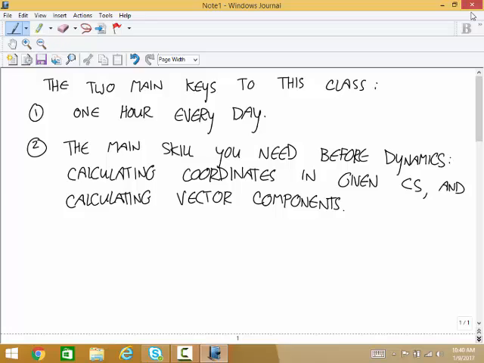And then there are 15 or so vector problems, including determining the coordinates in given coordinate systems in 2D and 3D, and figuring out the vector that points from this point to this point. That's the main skill that will determine how ready you are to learn dynamics material, in my experience.